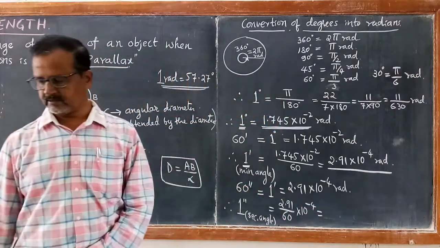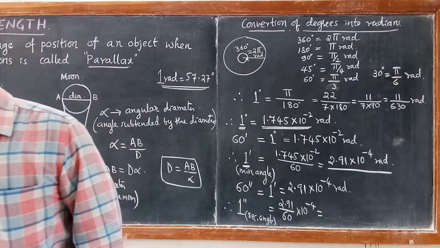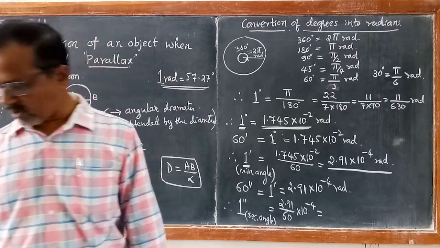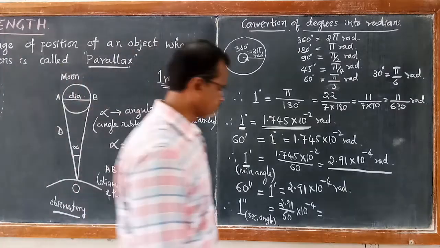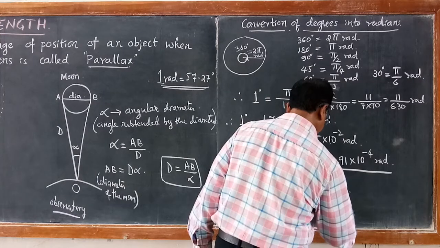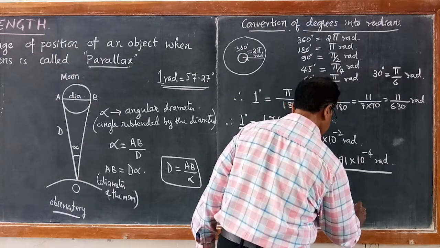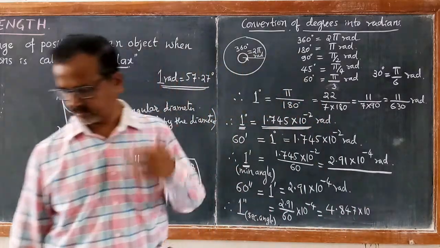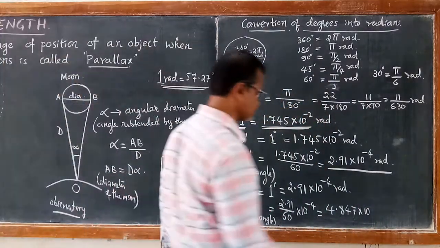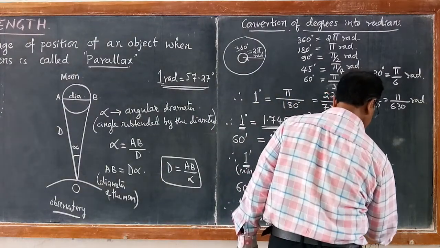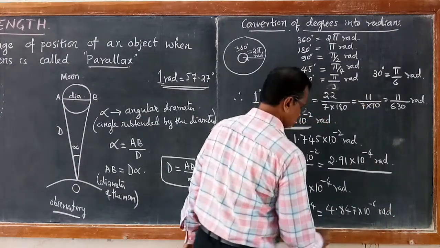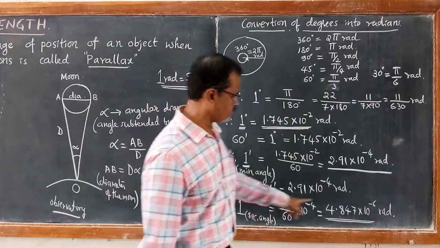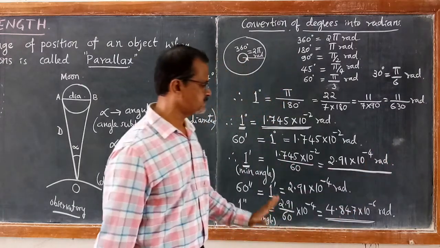If you take the division of this, you will get 4.847 into 10 to the power of minus 6 radians. So you can just remember this: 1 second angle is equal to 4.847 into 10 to the power of minus 6 radians.